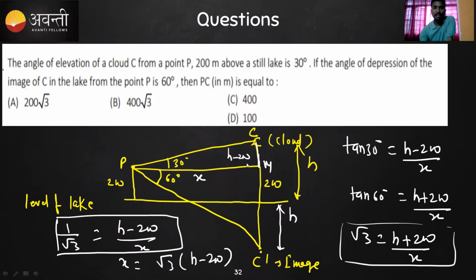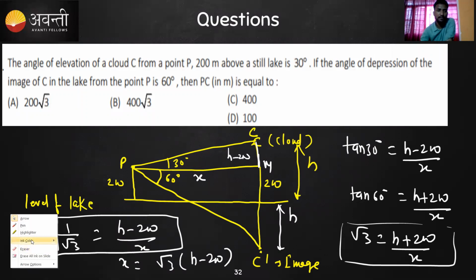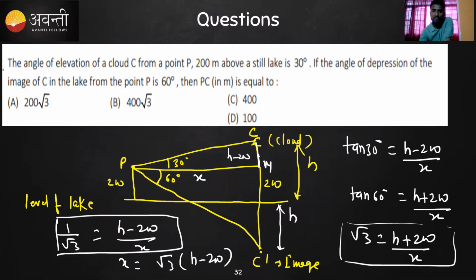So we have this h value now. But now what we have to find? We have to find this PC value. So if h is equal to 400, then we have to find this PC value. Again, you can see this is x.